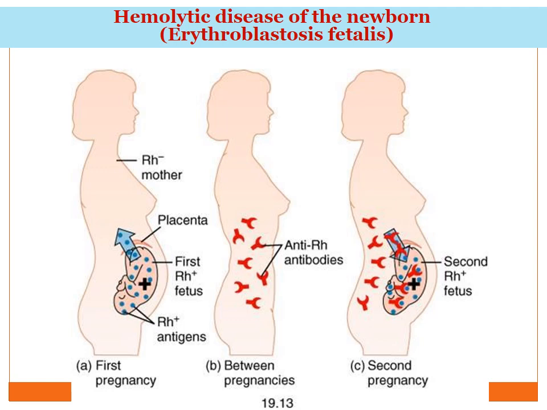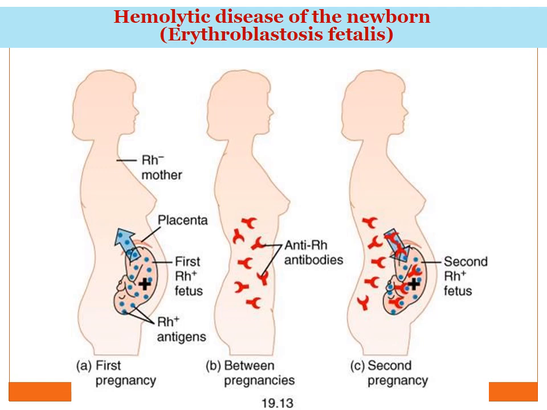If there's any exposure to the fetus's Rh positive blood, during the birthing process, for example, and there's bleeding, and the blood from the fetus comes in contact with the mother's blood, the mother will then create anti-Rh antibodies.